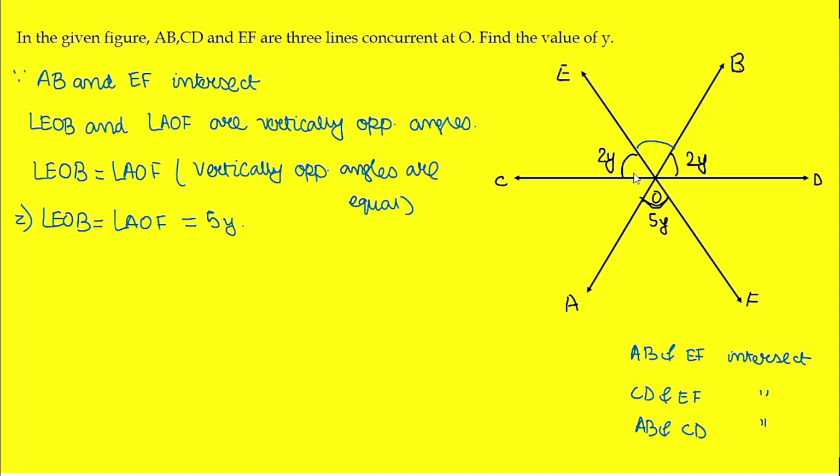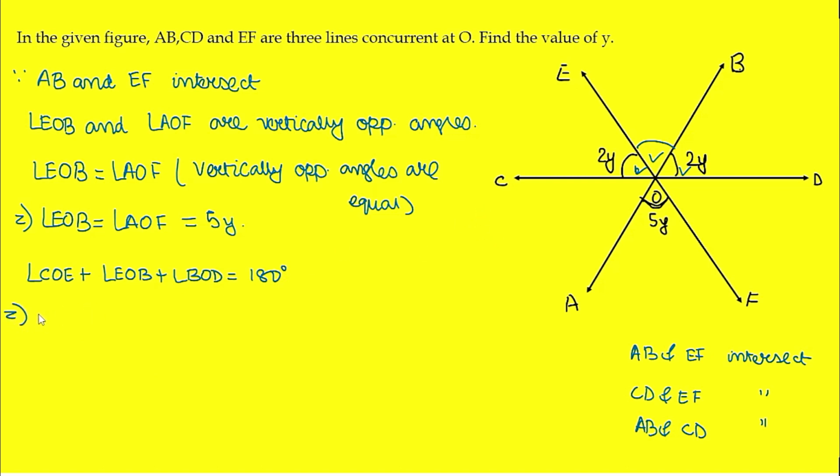Now the interesting thing is that angle COE, angle EOB and angle BOD, if you add the three of them up, that will give you a straight angle. So I will write angle COE plus angle EOB plus angle BOD equals 180 degrees.